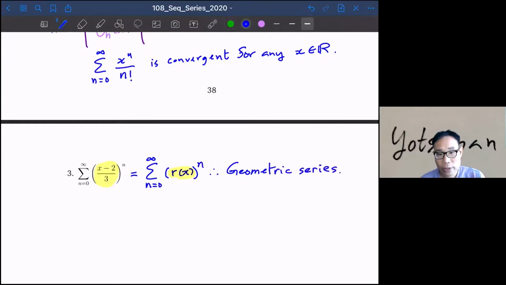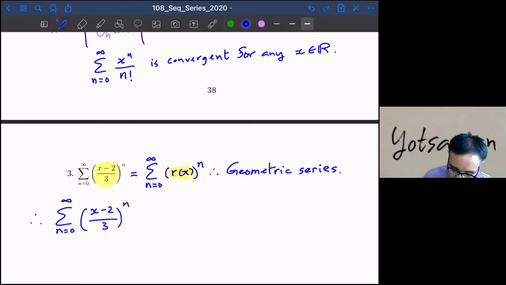Okay, so this one turned out to be a geometric series. The series n equal to 0 to infinity of ((x minus 2) over 3) to the n is going to be convergent or divergent depending on r.